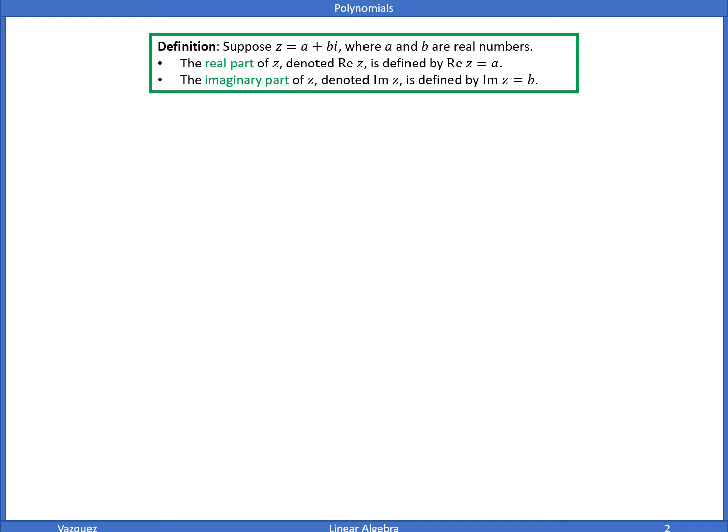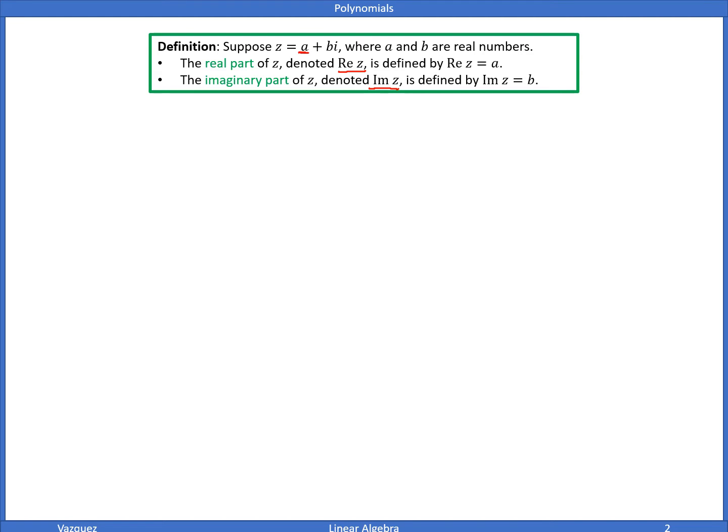So first things first, we're going to define the real part of z and the imaginary part of z. Here z is a complex number, z equals a plus bi, where a and b are real numbers. The real part of z, we denote Re z, as in real part of z, and the imaginary part as Im z.